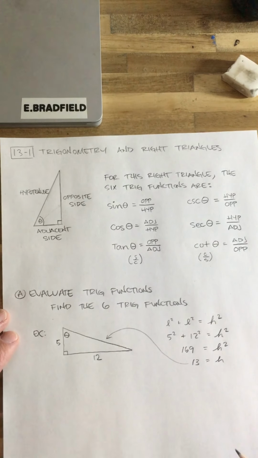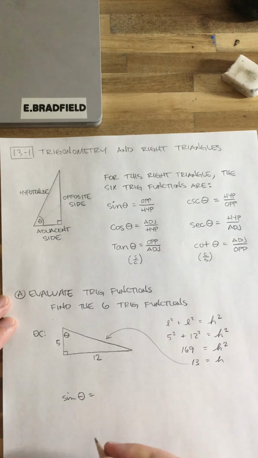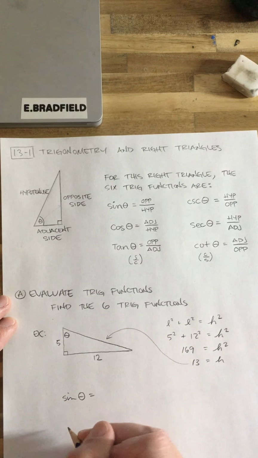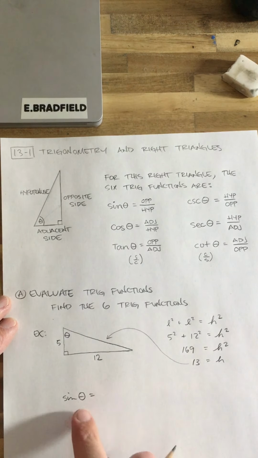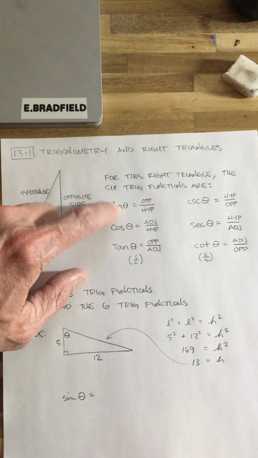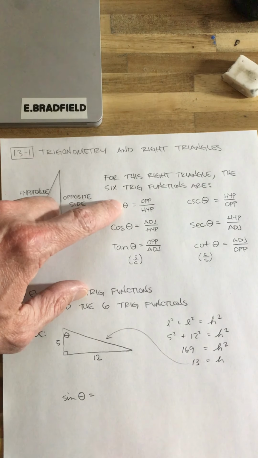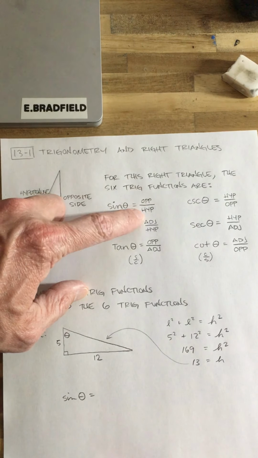So perfect. Now we can list the sine of theta, then the cosine of theta and all those. So let's do the sine of theta. Look where theta is. Theta is right here. Remember, the sine of theta is the ratio of the side opposite that angle theta over the hypotenuse.